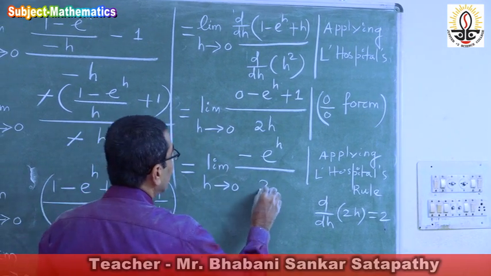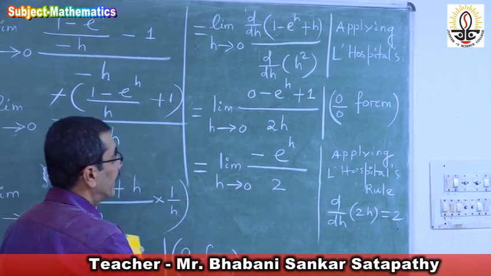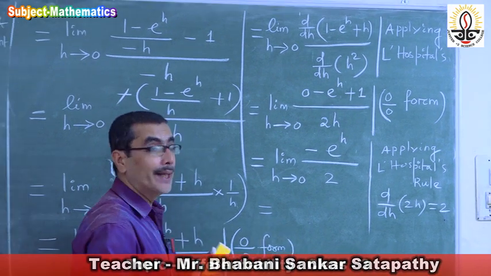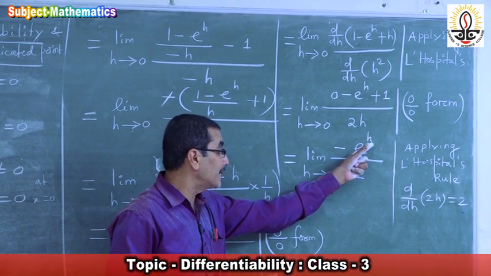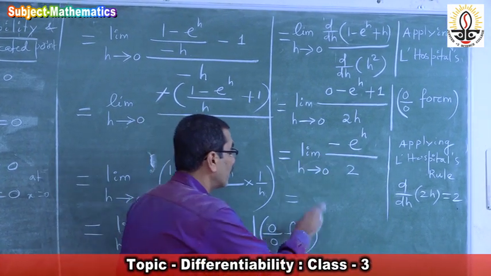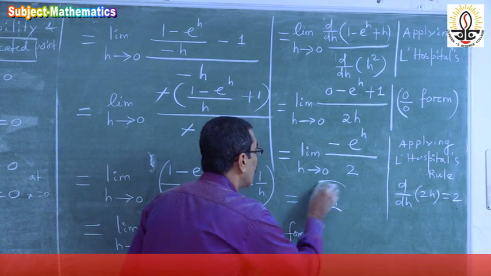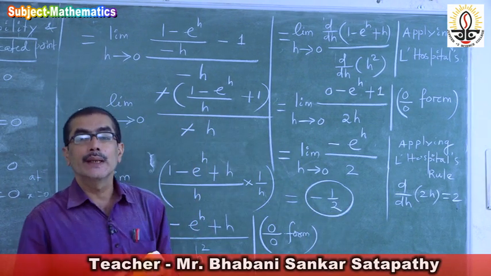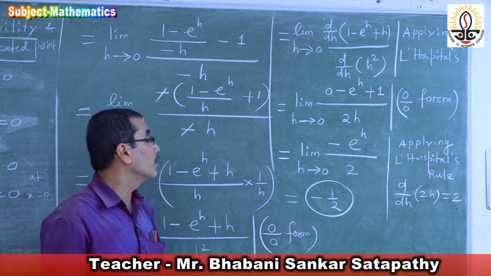Therefore this limit, now in place of h you put 0, this result is equal to minus 1 by 2.